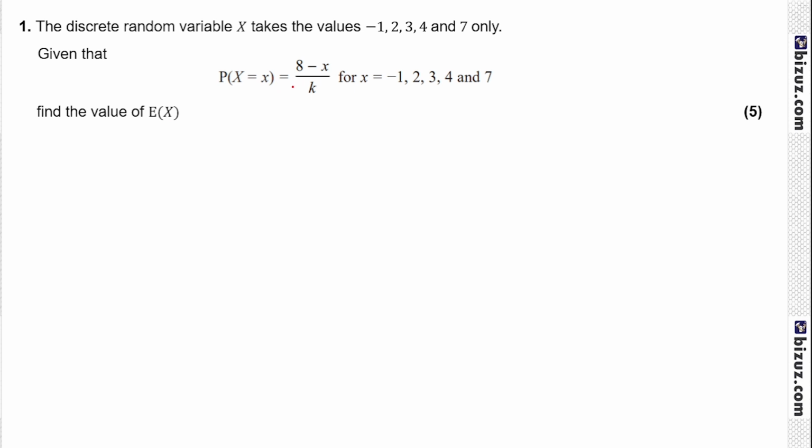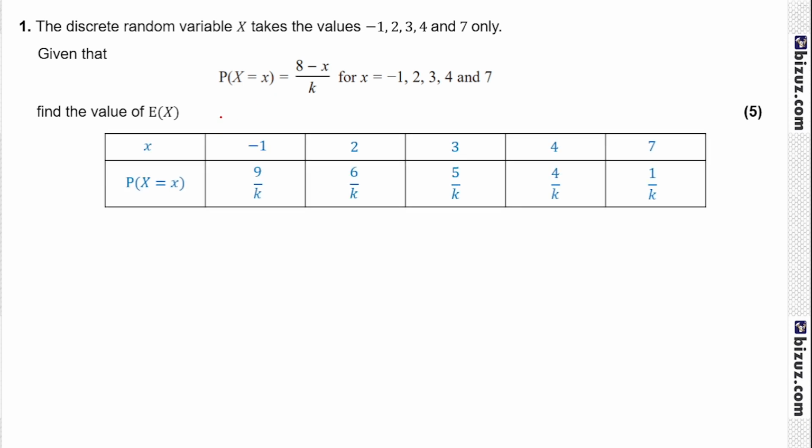Now, one thing that we see is k is unknown, so we obviously cannot find the expected value if there is this unknown here. So we need to solve for that k, and to do that, we use an implicit piece of information just from the fact that we're dealing with probability, that the sum of all the probabilities needs to be 1. Well, first, as I've said, we've put this into tabular format.